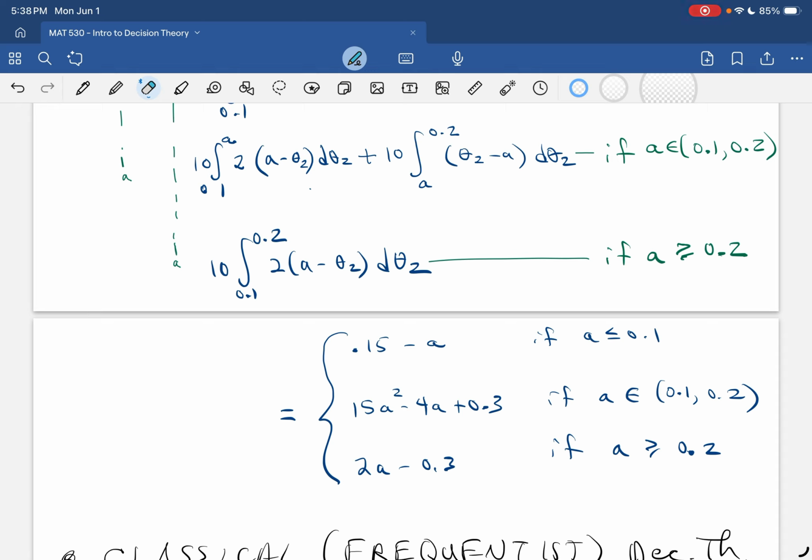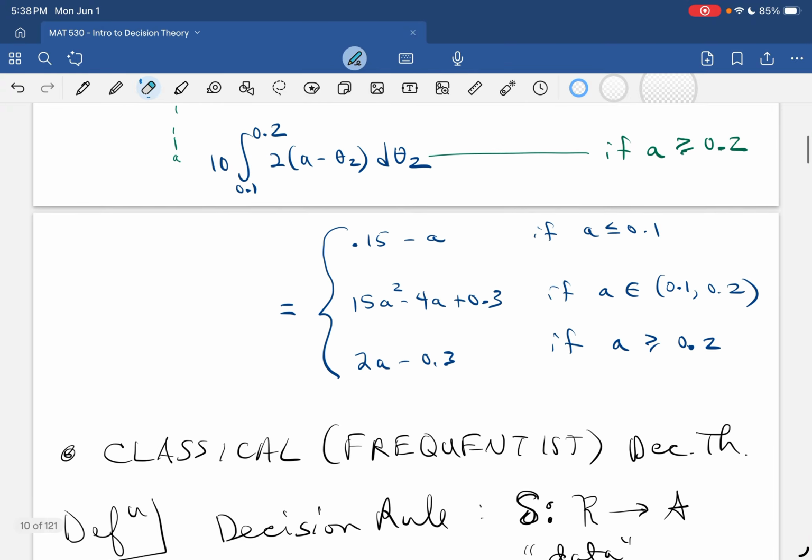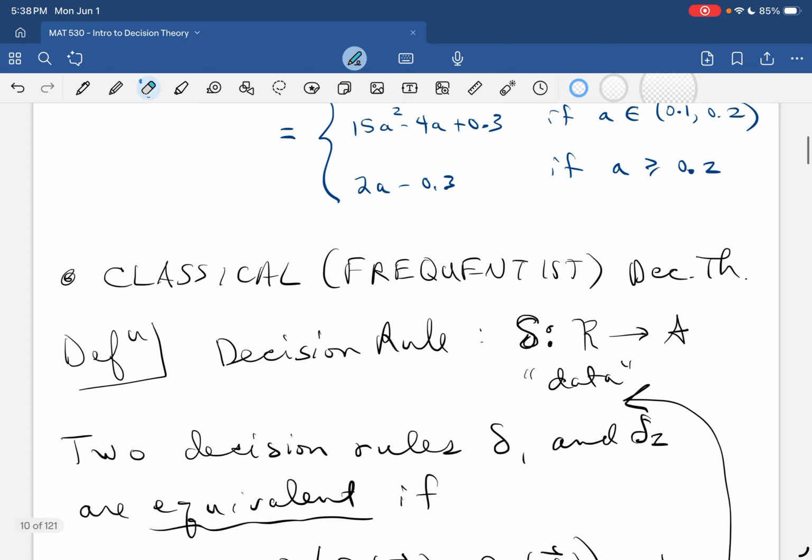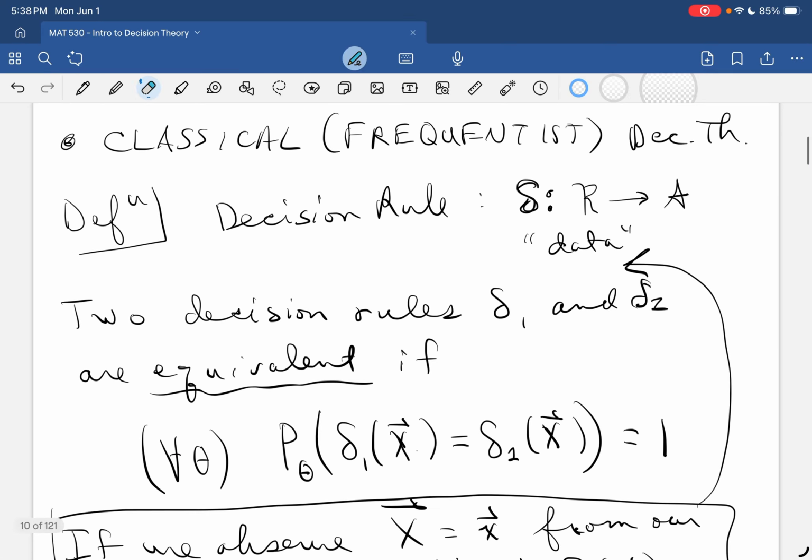Now let's switch gears and look at decision theory from a classical point of view, the frequentist point of view. The first thing we want to define is what a decision rule is.